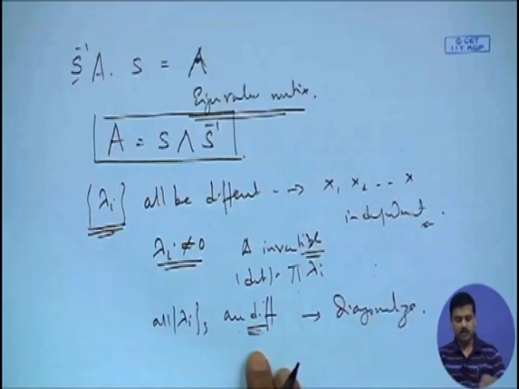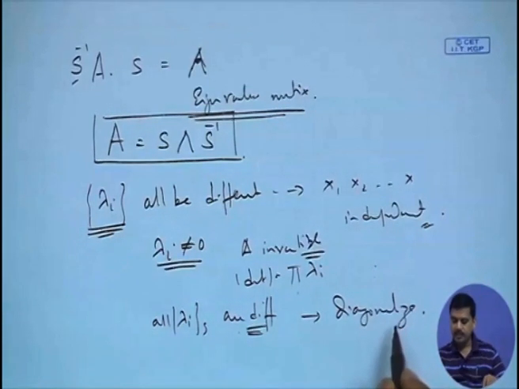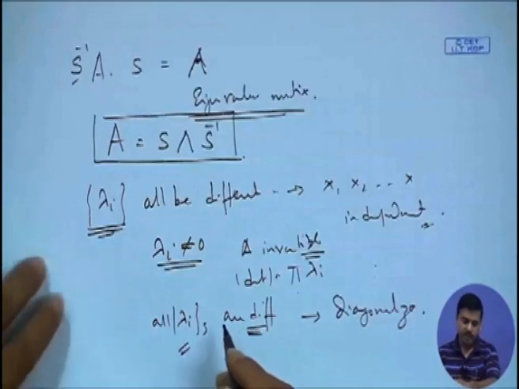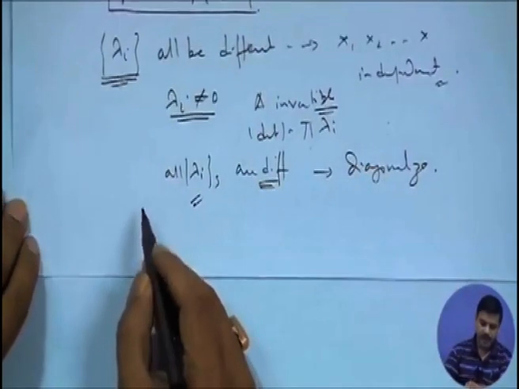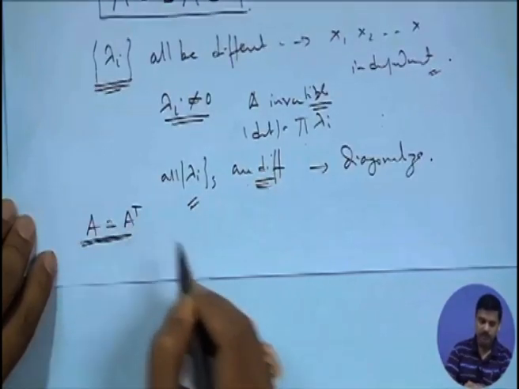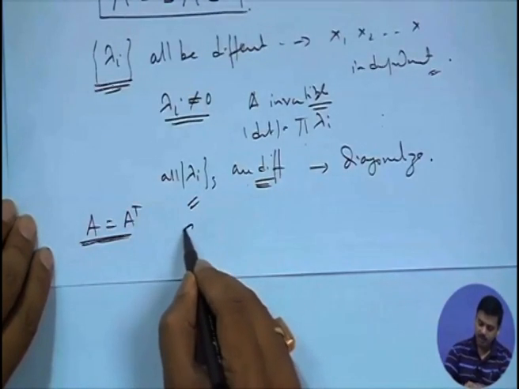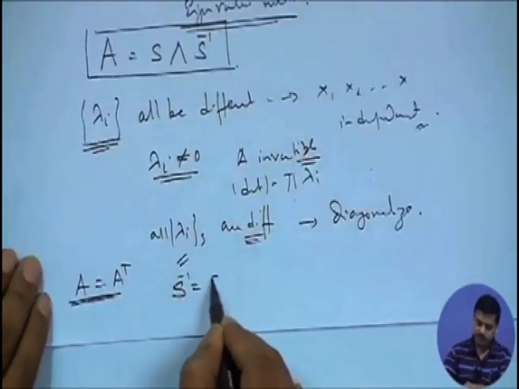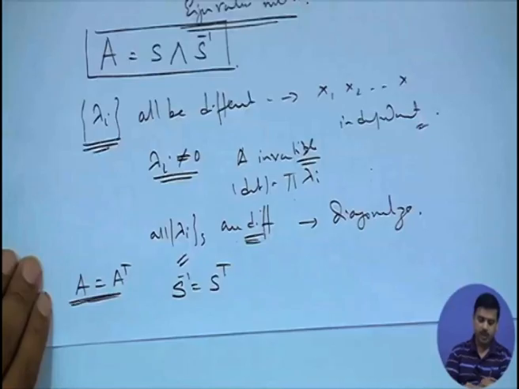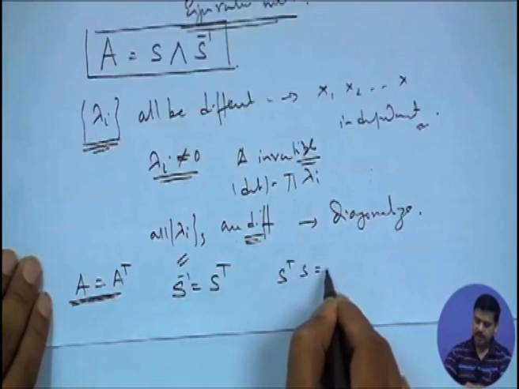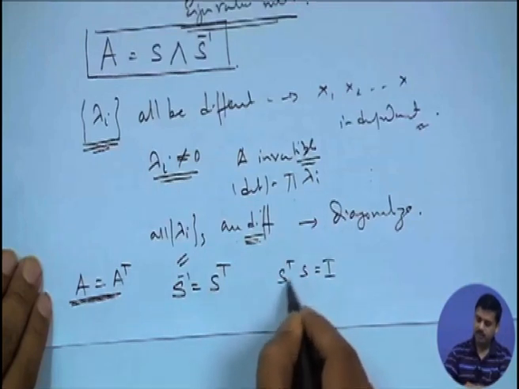This is an important result. So if we have to diagonalize this, then I need all of the lambda i's to be different. If you have a symmetric matrix, as we have seen, that means when A is equal to A transpose, you can get S such that S inverse is equal to S transpose, and S transpose S is equal to I, because S transpose is S inverse.